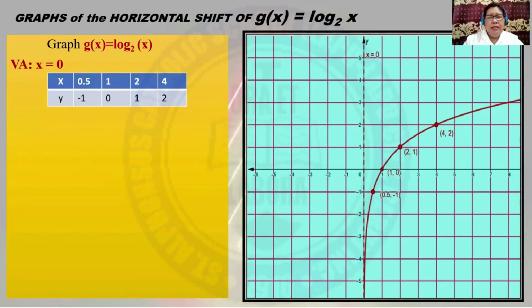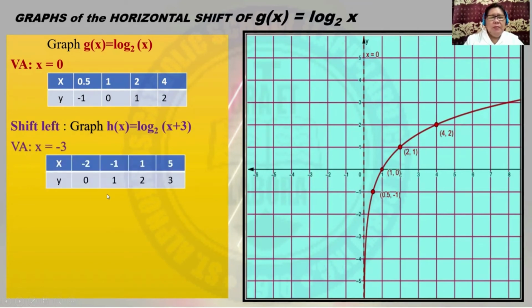And if you would like to make a table for the shift left, h of x is equal to log of the quantity x plus 3 to the base 2, the vertical asymptote is x is equal to negative 3. So let us plot this in the Cartesian plane.